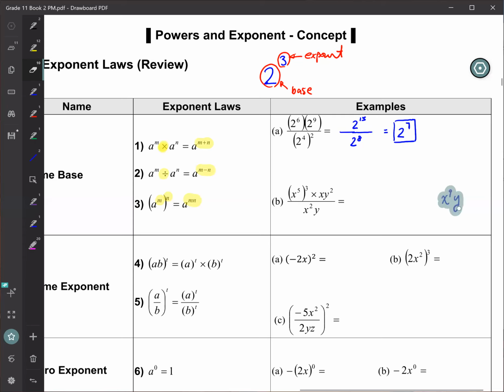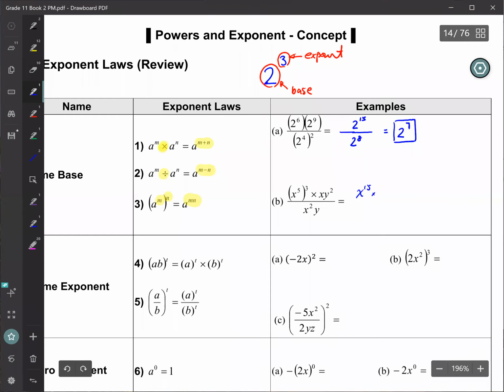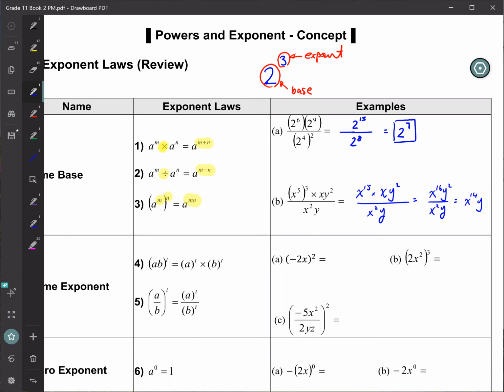The first part will be x to the power 15 times x y to the power 2, over the same thing. Then x to the 16 y squared, and the bottom is x to the 14 and y. Okay, so this part should be reviewed for everyone.